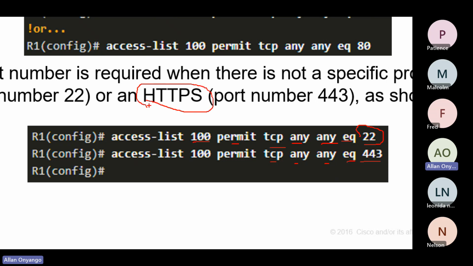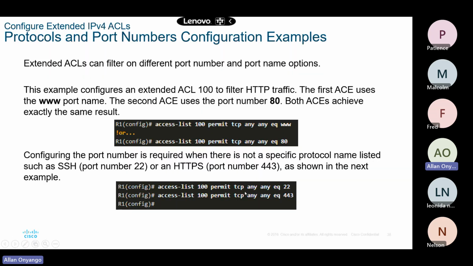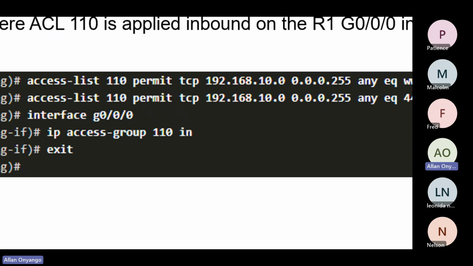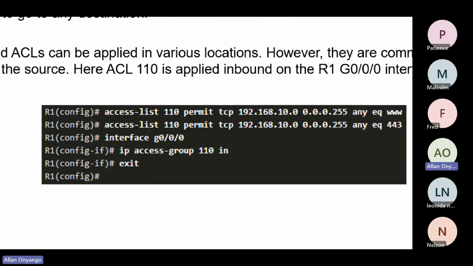All right. So like I said, extended access control lists give you greater control of your network. And that is something that every security admin wants to note. Greater control of your network. How do you place them on the interface? The same thing. Like I told you, just configuring these statements here doesn't do anything to your device.